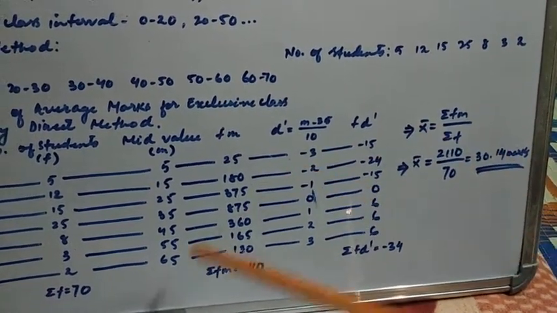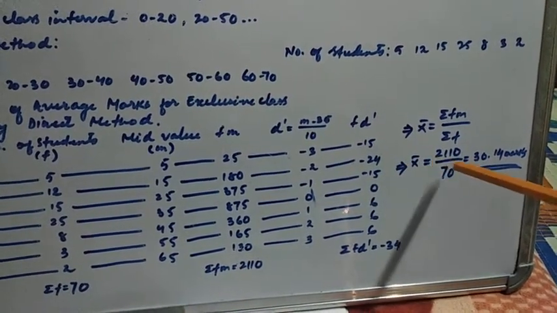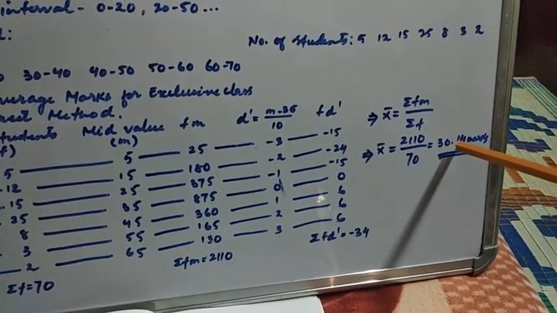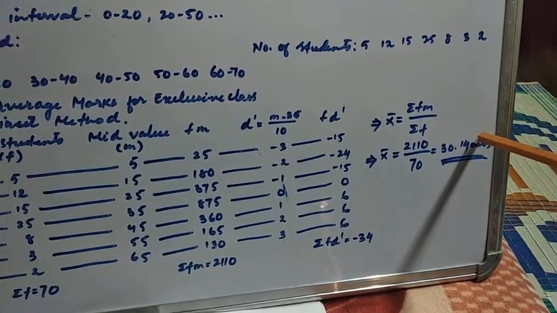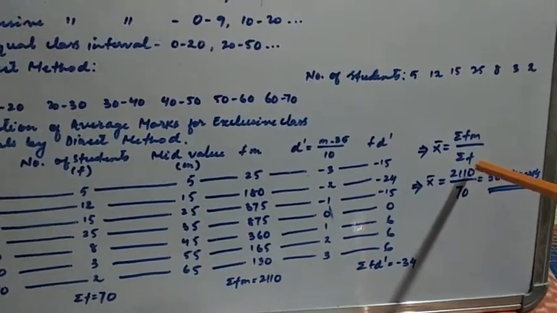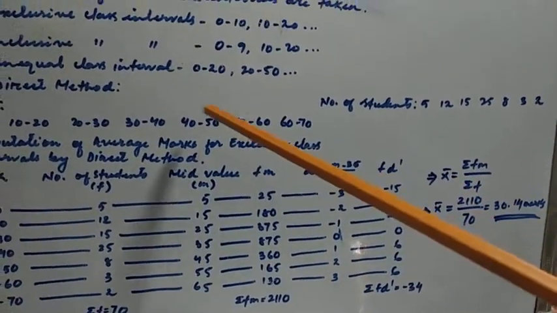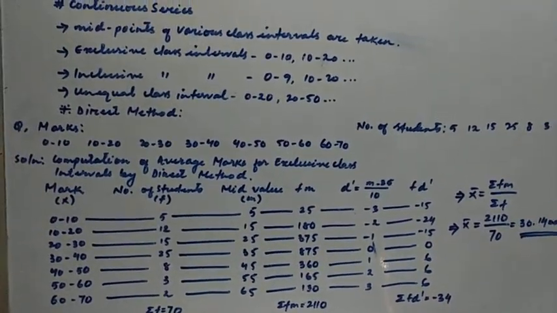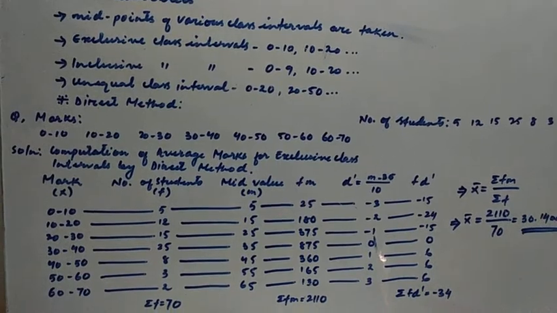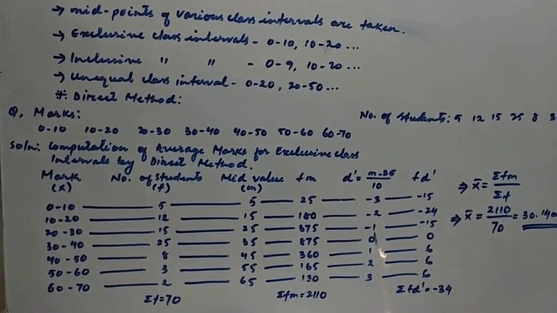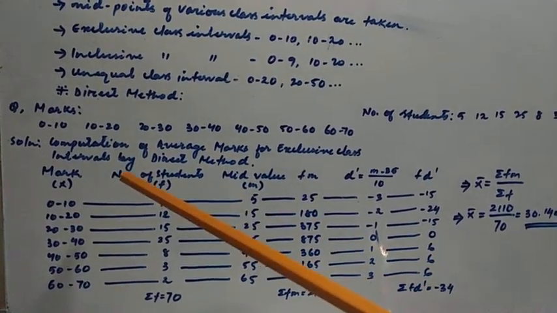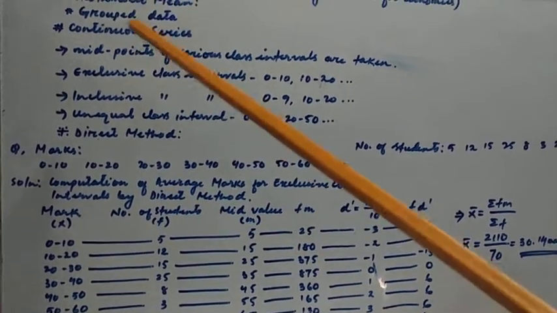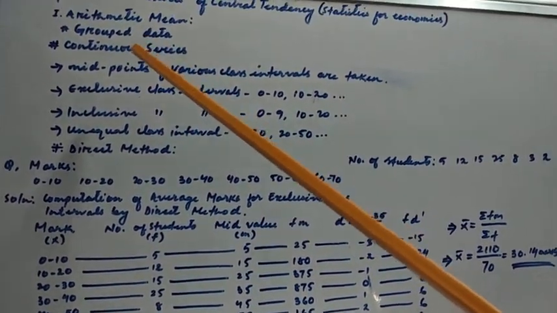Summation f is how much? 70. So 30.14 marks is the mean average marks for all the students given here. That is how we find out the average marks for exclusive class intervals by the direct method for continuous series under group data.